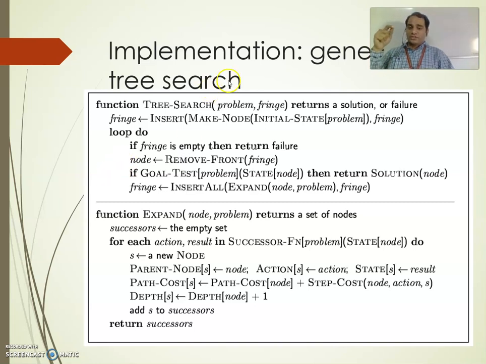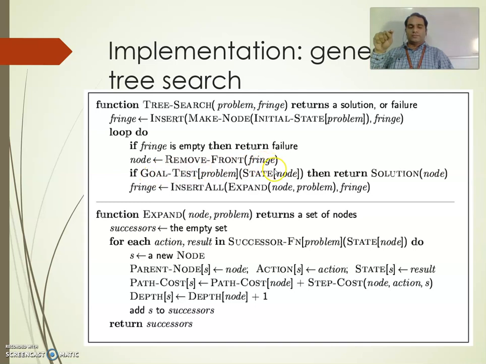So if the fringe is empty, that means there are no more states or nodes to expand. That means I have failed, I haven't found my solution. So then return failure. Else I will remove the front from the fringe. Now from the fringe I am picking up one and calling it the node which I am considering. So now I need to test whether this node is a goal node or not. So the state of the node for the problem, is it a goal or not?